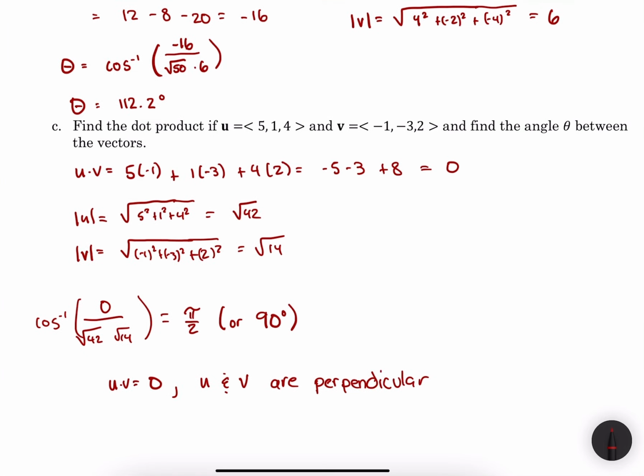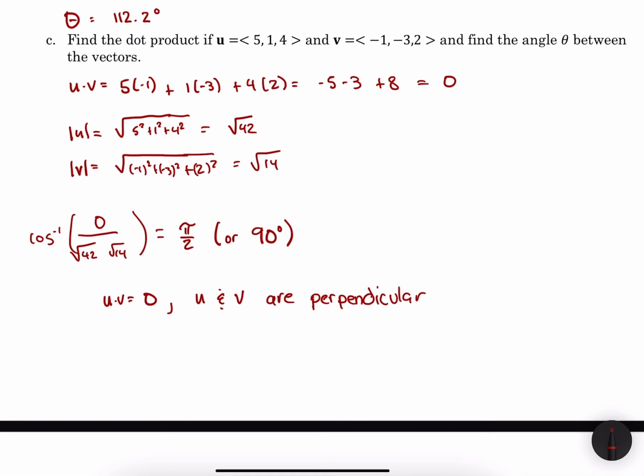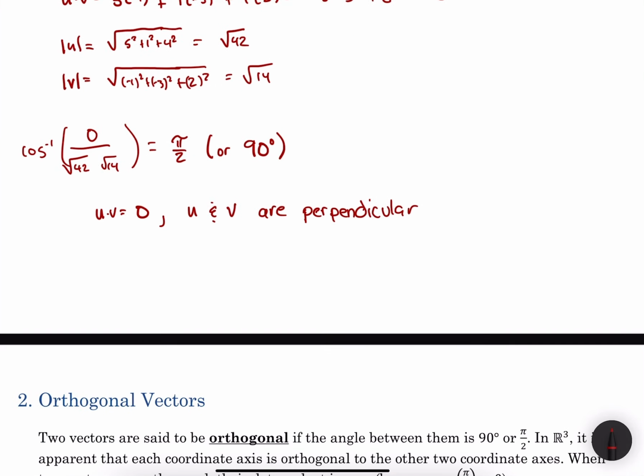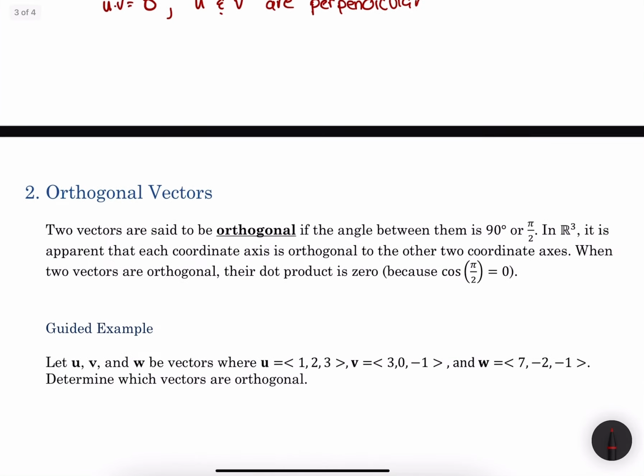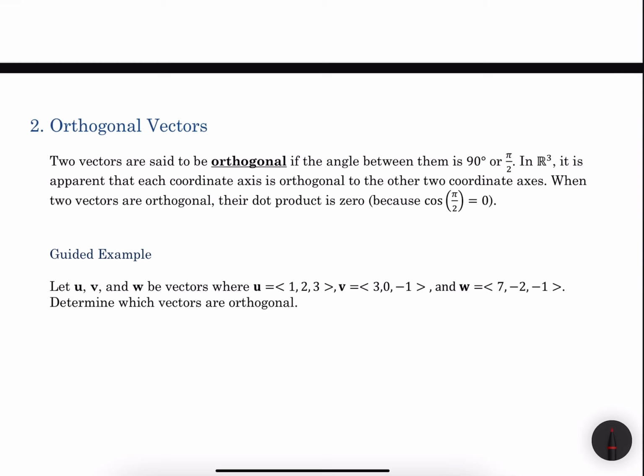There's another word that we use for perpendicular in Cal 3 and moving forward in R3, and that word is orthogonal. It actually comes up right now. Two vectors are orthogonal if the angle between the two is 90 degrees, and that corresponds to the dot product being 0 because the cosine of pi over 2 is 0.